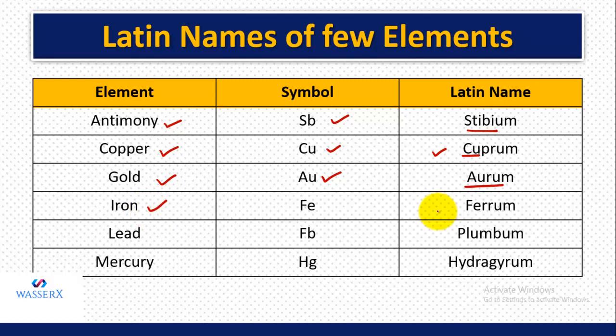Iron, Latin name is ferrum, and its symbol is Fe. For lead, it is plumbum, and the symbol is Pb. Next, we have mercury. Its Latin name is hydrargyrum, and its symbol is Hg.